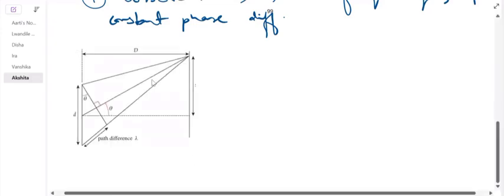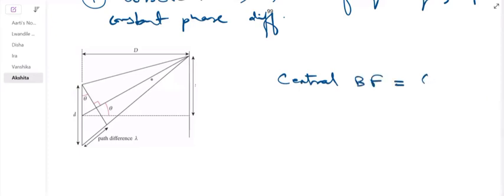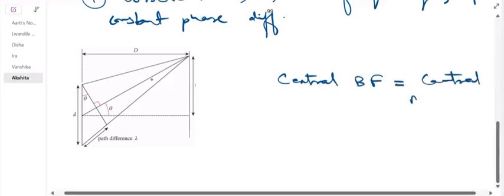Have a look at this diagram. Here this is the first interference which is happening, at this point I am talking about right now. At this point the interference is happening and this is giving a central maxima. So you need to consider that the central bright fringe is also known as central maxima.